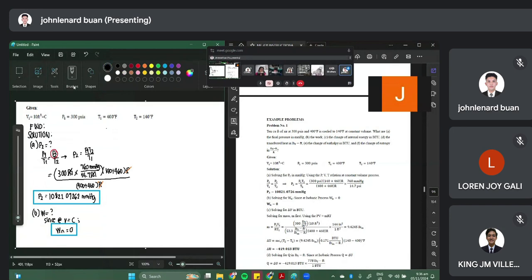Easy as that. So, letter C. For letter C, we have here solve for the internal energy in BTU or change of internal energy. Using the equation, delta U is equal to mCV delta T. Tama po ba yun?